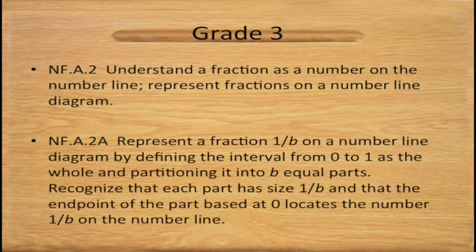So we're now going to be able to talk about ordering fractions, also looking at whether a fraction is closer to 0 or closer to 1, again giving it relative position of size. So we're looking at how I can take these equal pieces and represent them on a number line, again giving the student the understanding that a fraction is a number and has a place on the number line.